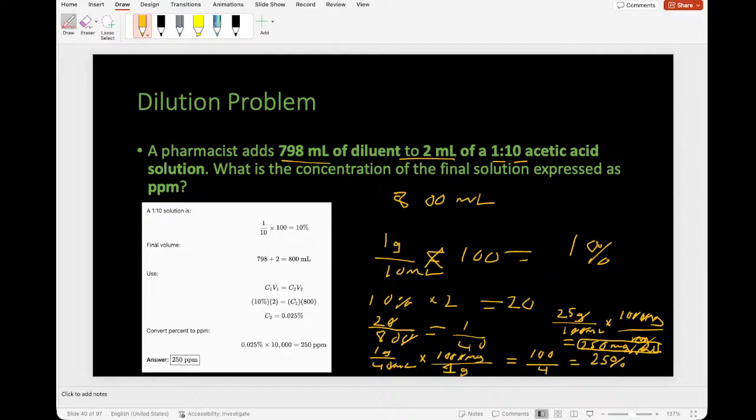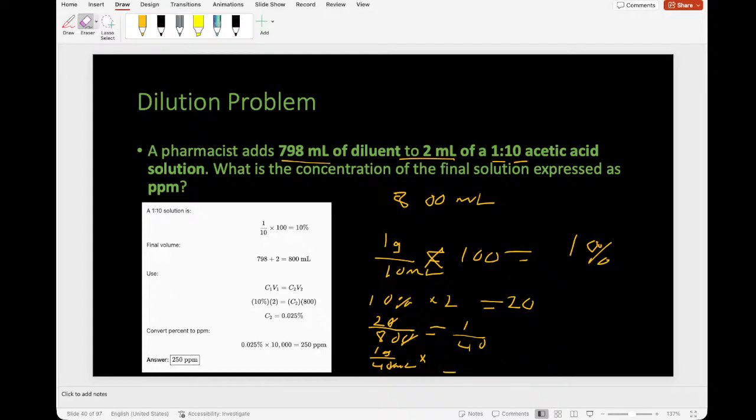This might be a little bit more complicated right here at the end, so let's see if I can fix it up for you all because I don't want to make it more complicated than it really is. So we get a 1 over 40 over there, which is obviously listed as 0.025%, we can see that.